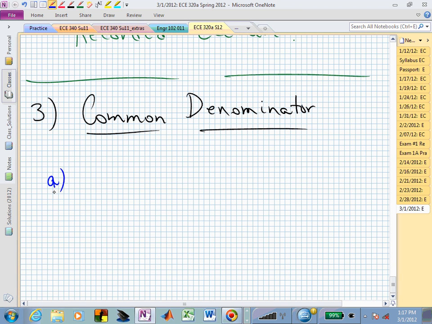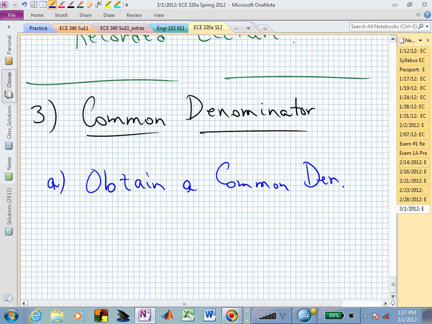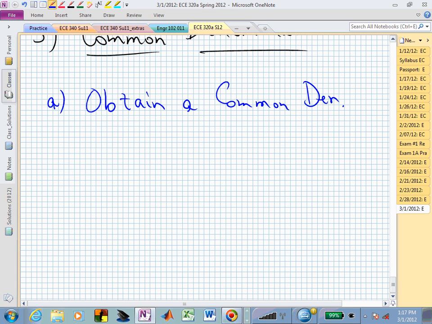So in this one, we've obtained a common denominator. Once we have that common denominator, we are going to have an expression on both sides of the equality sign in the numerator, and in those two numerators, we will equate coefficients.